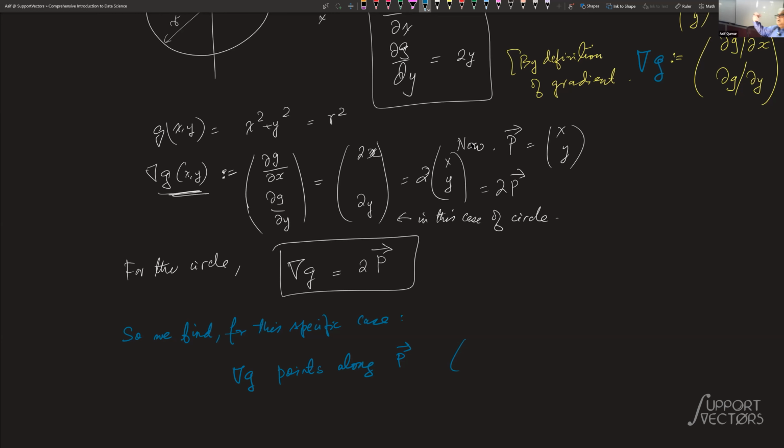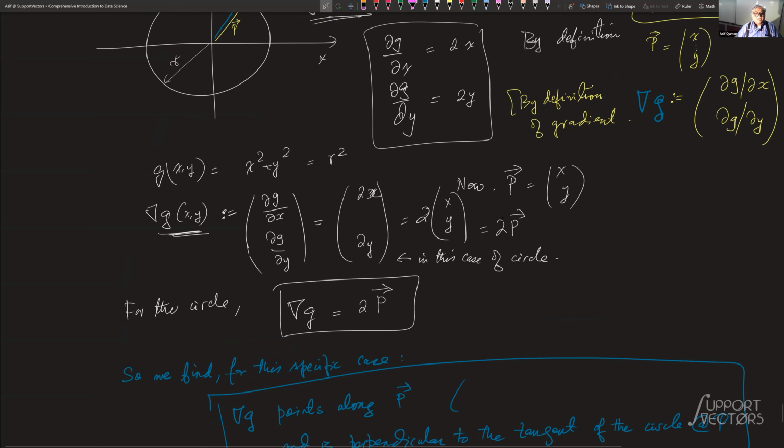So let's not worry about a factor of 2 and so on. Right? So magnitude we are going to ignore. It points in that direction. But more crucial than that, it is perpendicular to the tangent of the circle at P. Would you agree with this statement? This is a statement that is perpendicular.